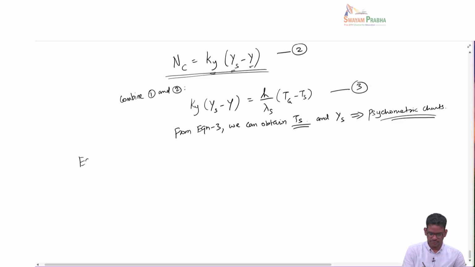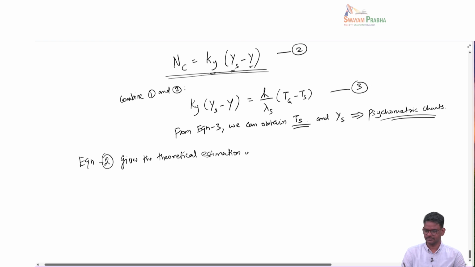So equation 2 gives the theoretical estimation of Nc, which is the constant drying flux, the constant drying rate, by knowing Ts and Ys from equation 3.